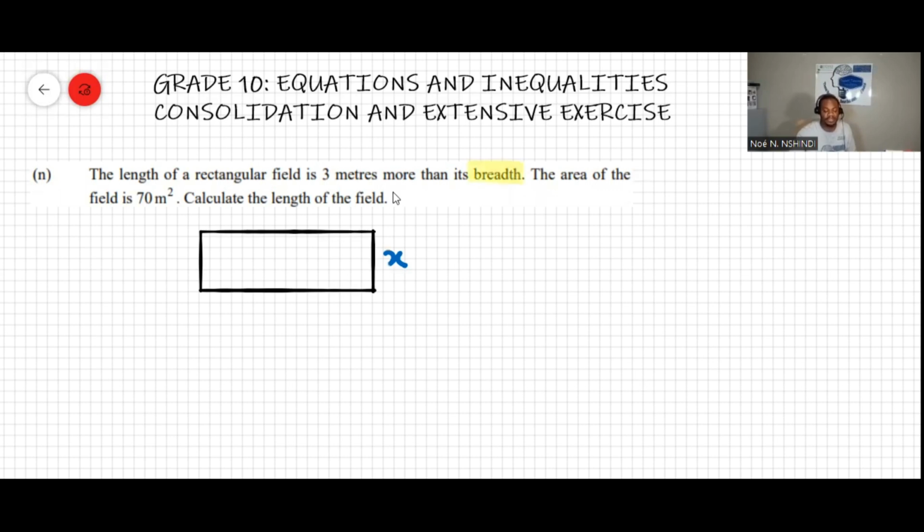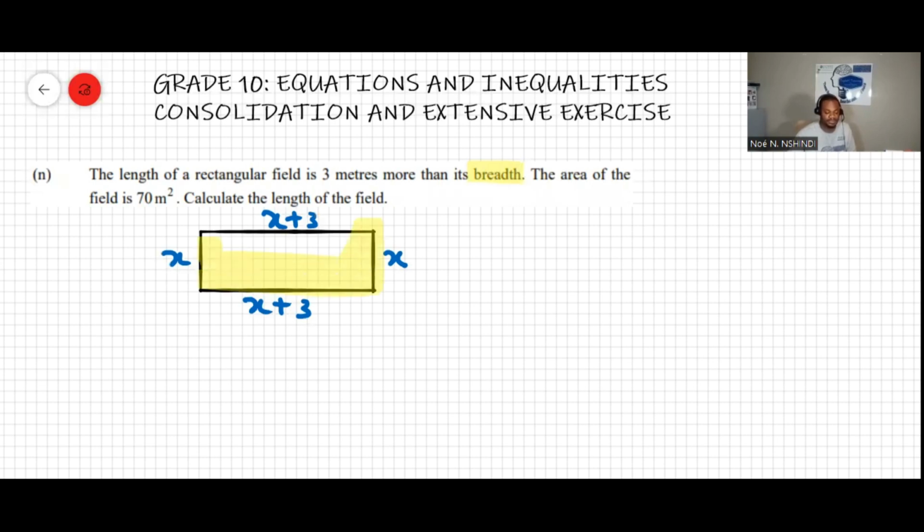I'm going to call the breadth X, and because this is X, the length will be X plus 3. This is X and that's X plus 3. Now they say the area is the space here.